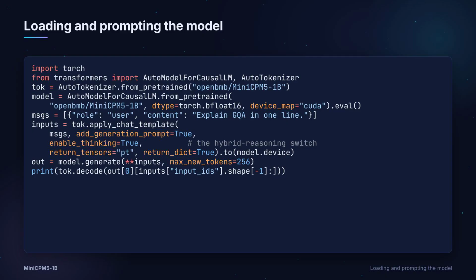First, enable_thinking is where you flip between reasoning and fast mode. Second, you must pass return_dict=True, and then call generate with **inputs, because in Transformers 5 the template returns a dictionary rather than a bare tensor. Finally, we decode only the newly generated tokens to get the model's reply.